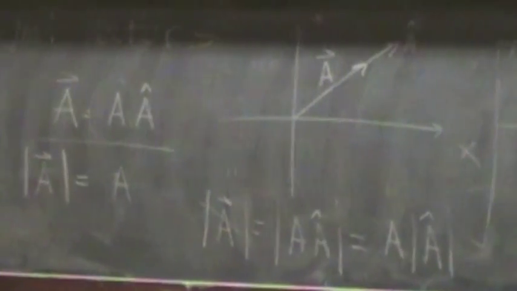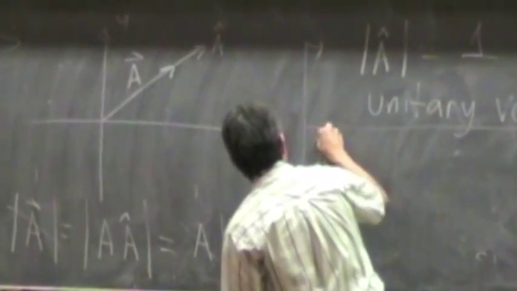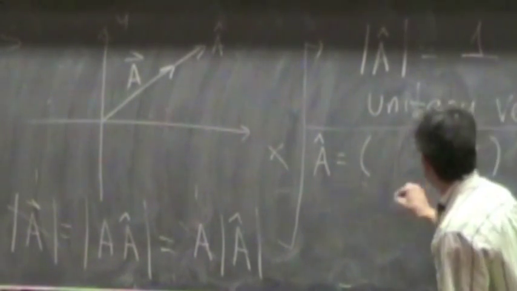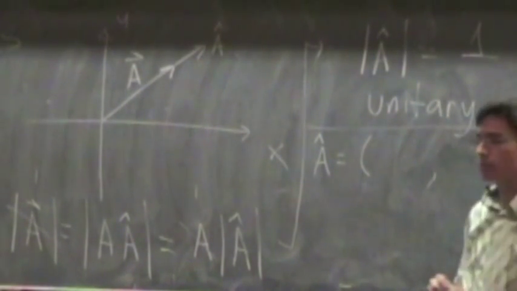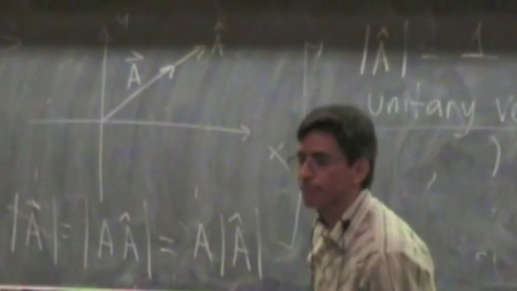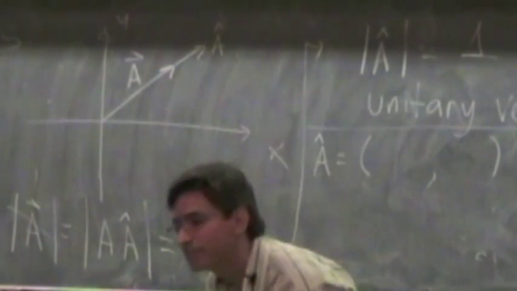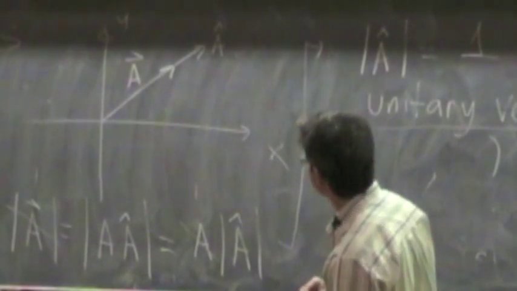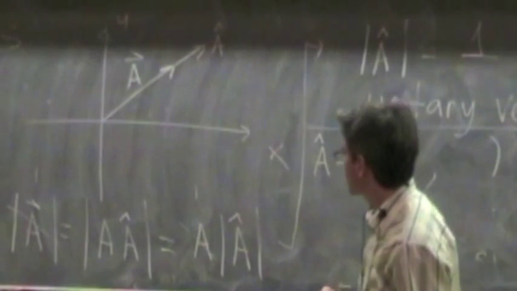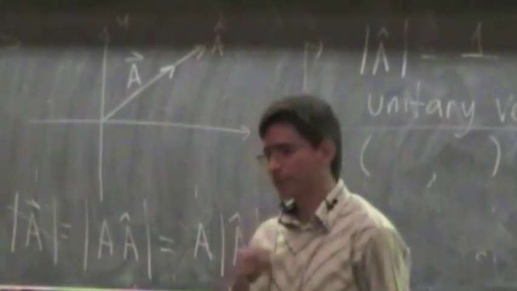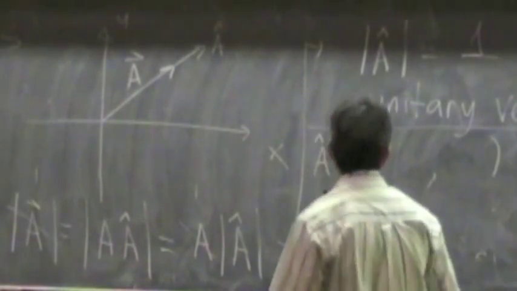What are the components of A hat? Find the components of A hat. What's the x component of A hat and what's the y component of A hat? Think about the magnitude of a vector that has components.